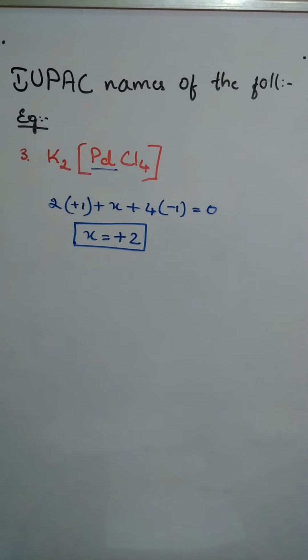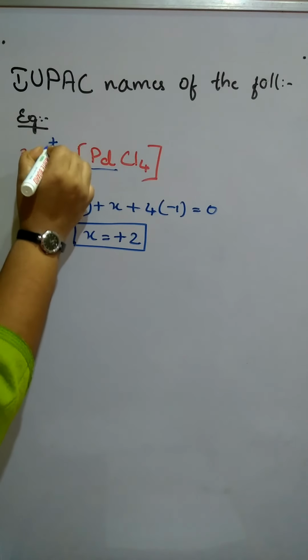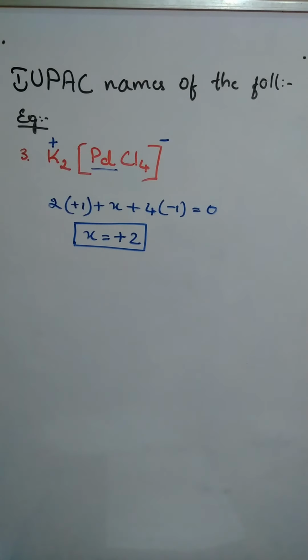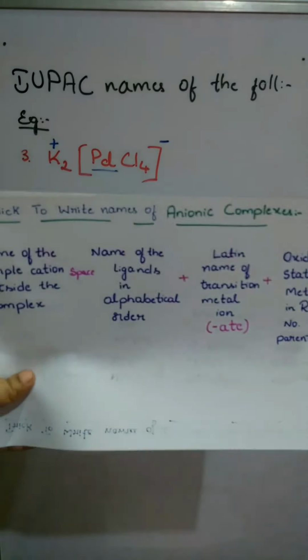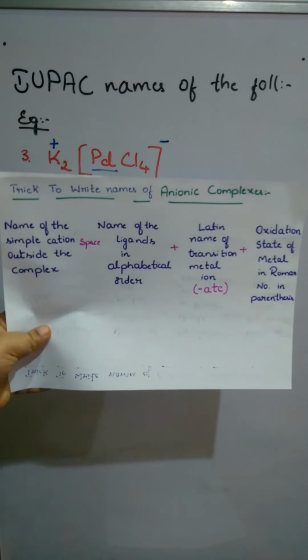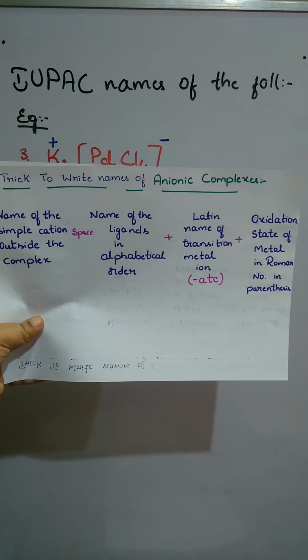So we shall see now whether the complex is a cationic complex or an anionic complex. Potassium is positively charged. So the complex is an anionic complex. If it is an anionic complex, what is the rule we have already seen? The name of the simple cation outside the complex, and a space has to be left.